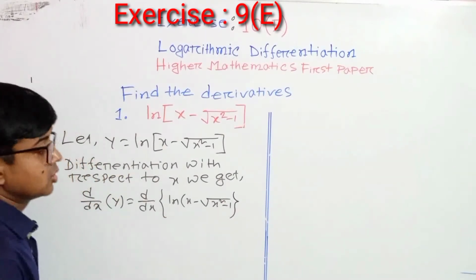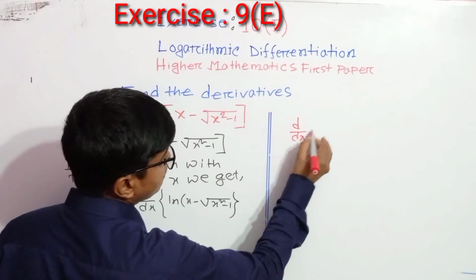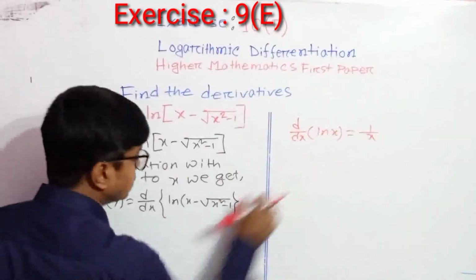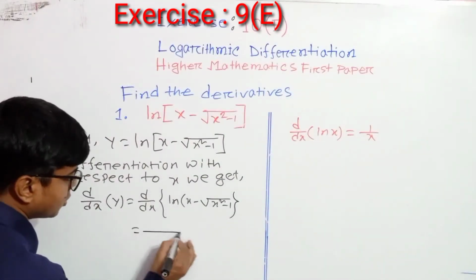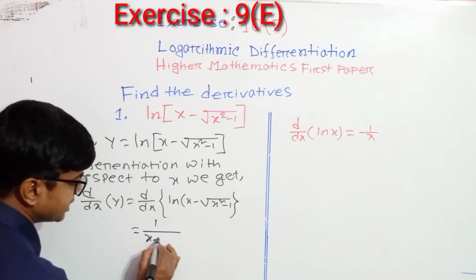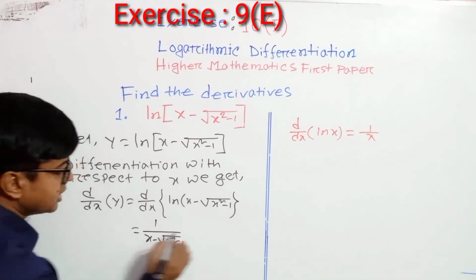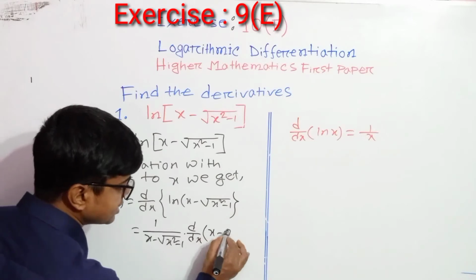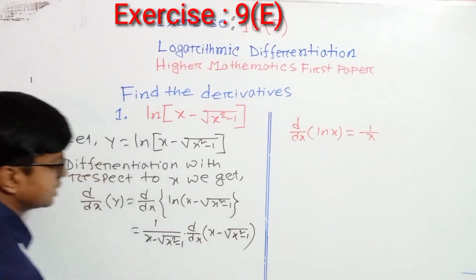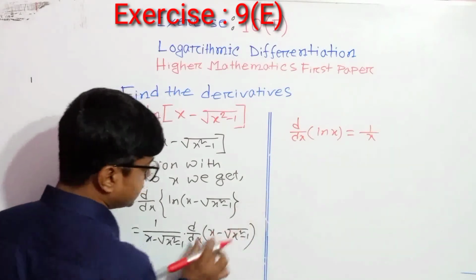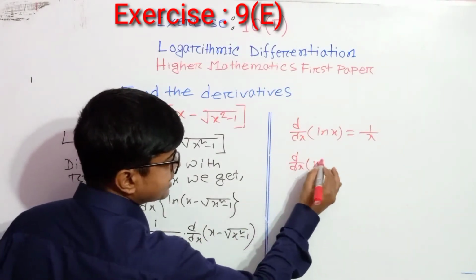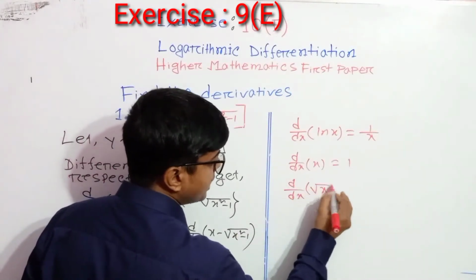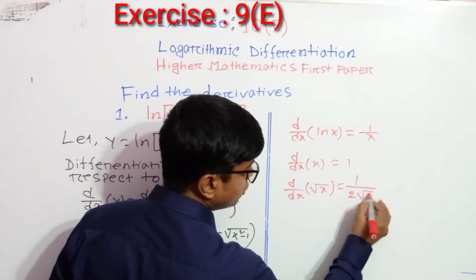Okay, for this part we know the formula d/dx of ln x equals 1 by x. For this reason we can write 1 by x minus root over x square minus 1 into, for this part, d/dx of x minus root over x square minus 1. And we know that d/dx of x equals 1, and another formula is d/dx of root over x equals 1 by 2 root over x.